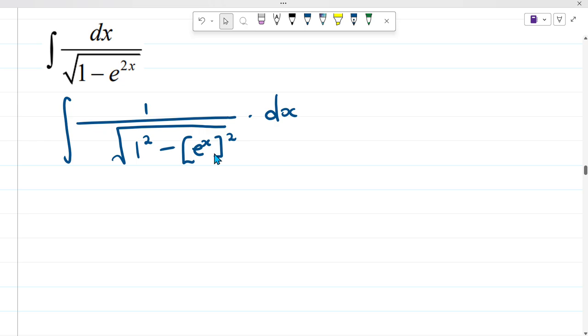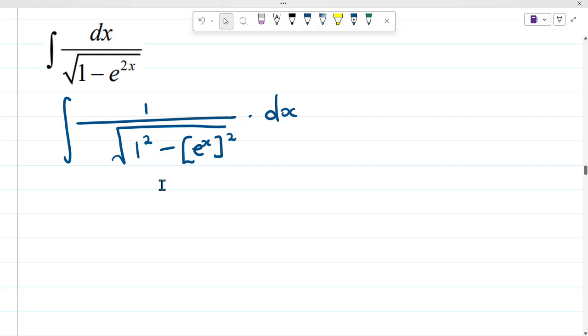However, I'm not happy with the fact that on the numerator is not the derivative of whatever that is squared here, but there is no other way that I can deal with this thing, or I don't know any other method that can enable me to integrate it if this one is failing to be the derivative of whatever that is squared here. Because 1 is not the derivative of e to the power x. And for us to make a conclusion that this one is supposed to be a hyperbolic sec inverse, we are supposed to have what in hyperbolic sec inverse?